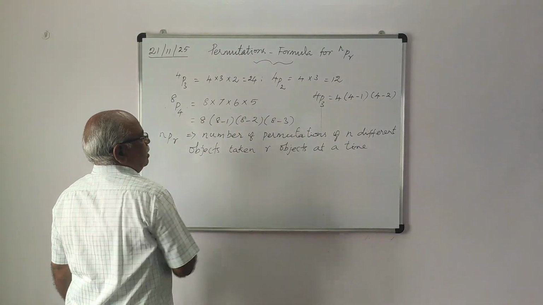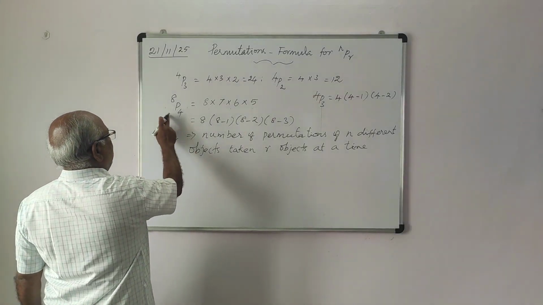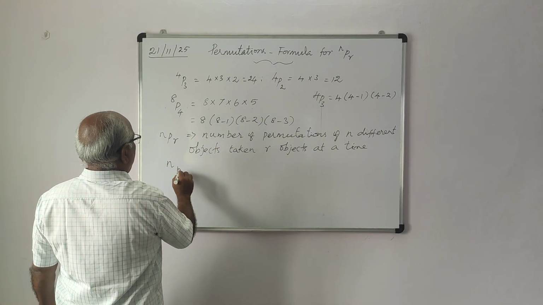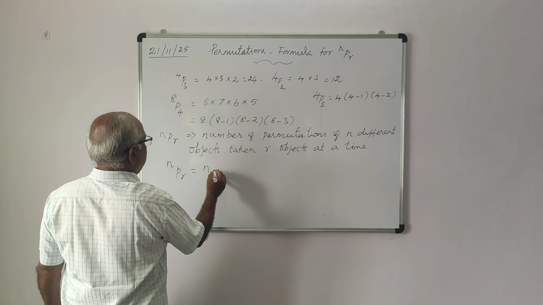This is nPr. So by the multiplication rule, nPr is: the first number n, the next one is n minus 1, the next term n minus 2, and n minus 3, and so on.